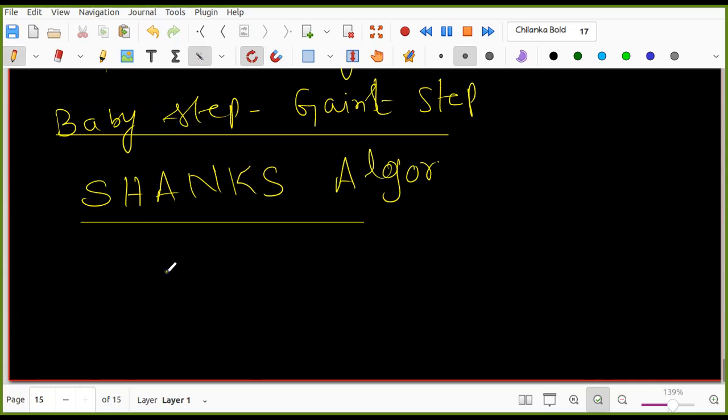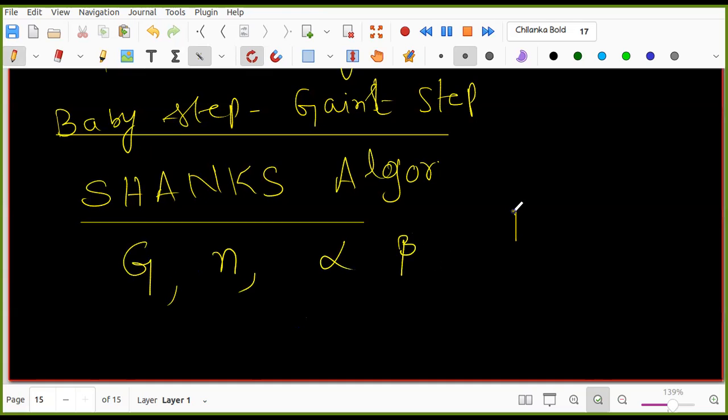In the Shanks algorithm, we a priori assume that there is a cyclic group G, there is an n, there is alpha and there is beta. So beta is equal to alpha power x, right? The goal is to compute this x.